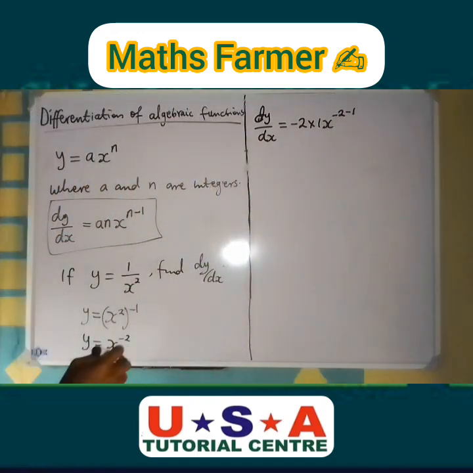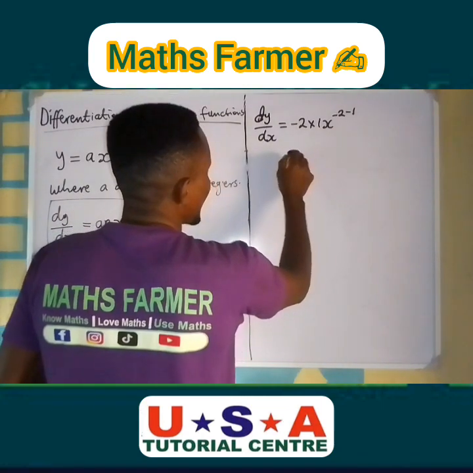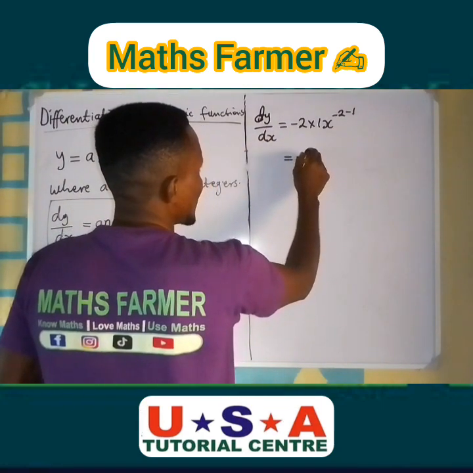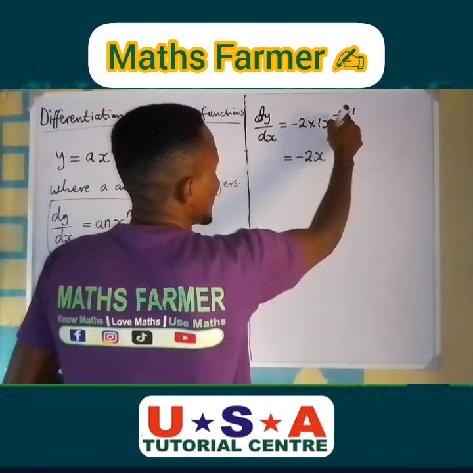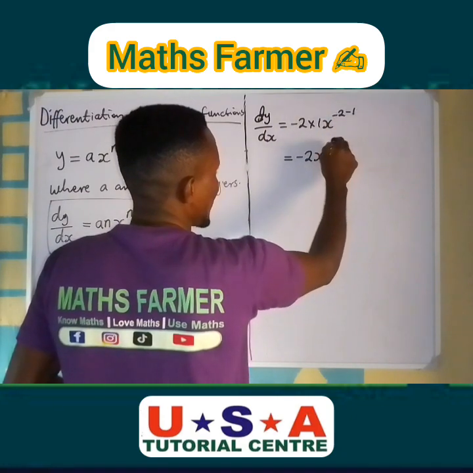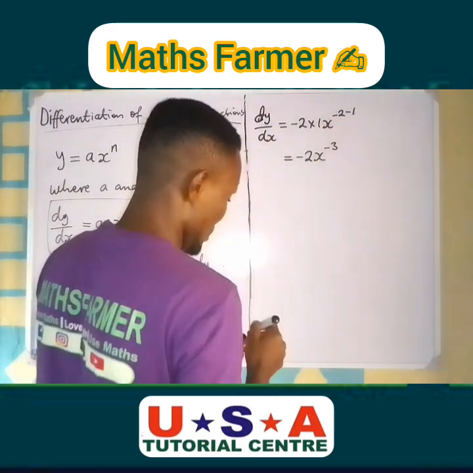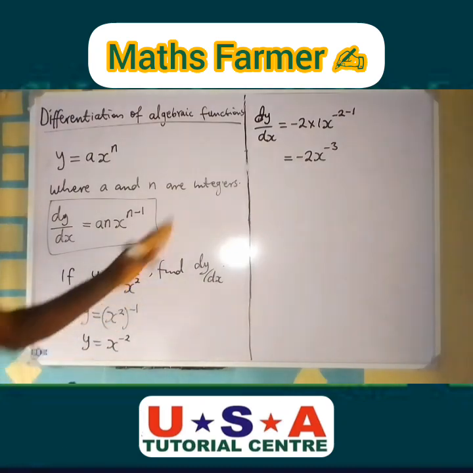Remove 1 from the power. So now what you have is minus 2 times 1, which is minus 2x, then minus 2 minus 1 gives us minus 3. Now this is the result we get.